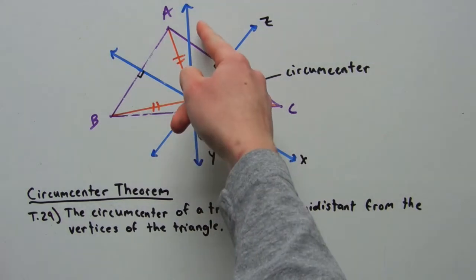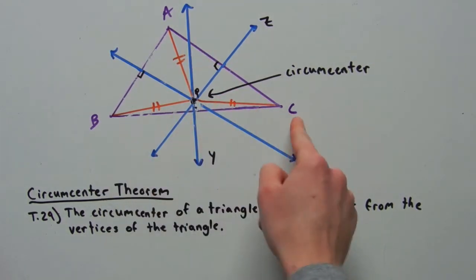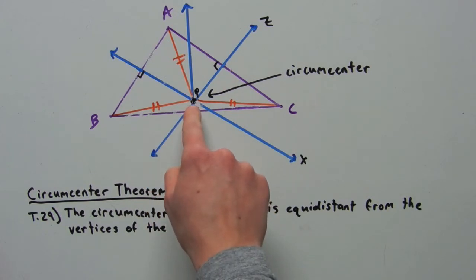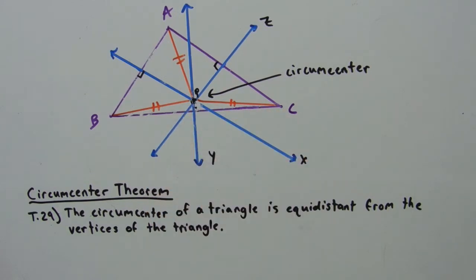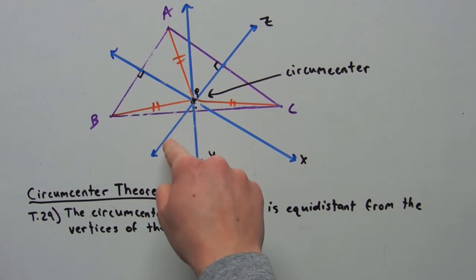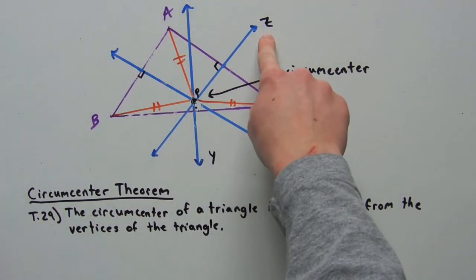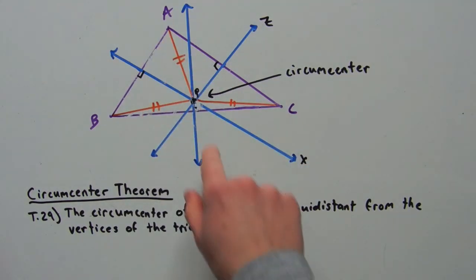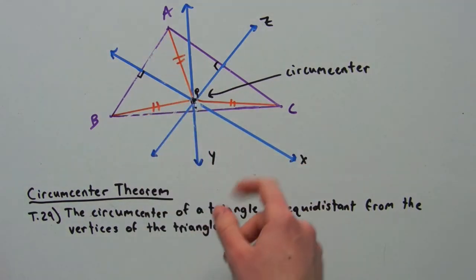So since P is on the perpendicular bisector of BC, then B to P must be equal to C to P. And P also lies on the perpendicular bisector Z, which bisects AC. So that would mean A to P is the same distance as C to P. And then you would just use the transitive property or substitution to say that B to P is equal to C to P, which is equal to A to P.